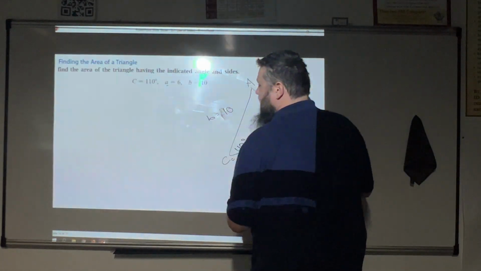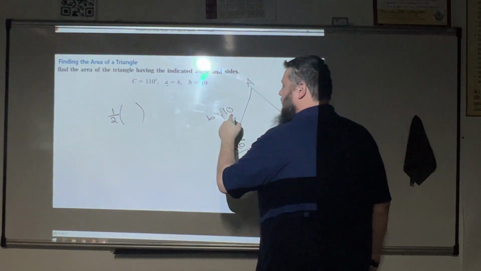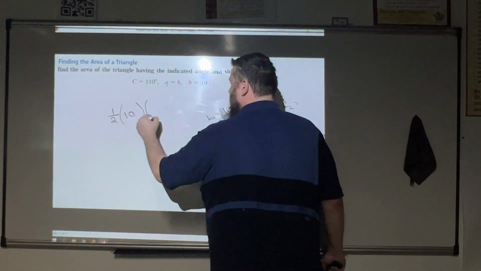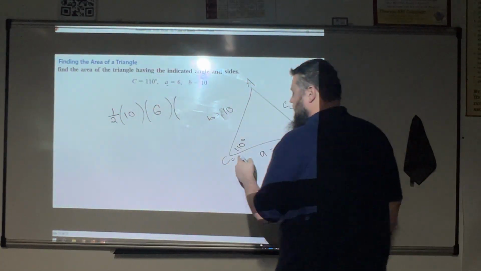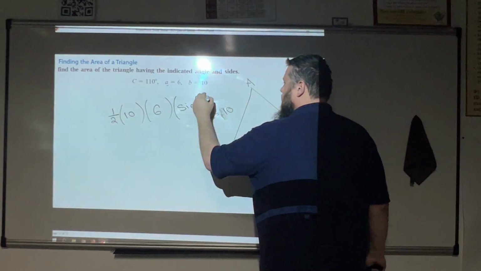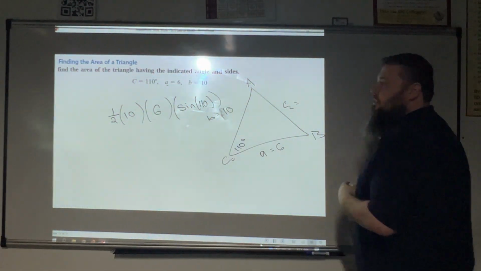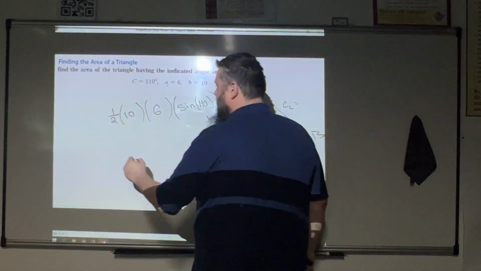So 1/2 times 10 times 6 times sine of 110. Six times 10 is 60. That divided by 2 is 30.